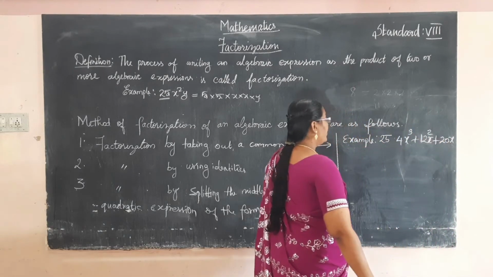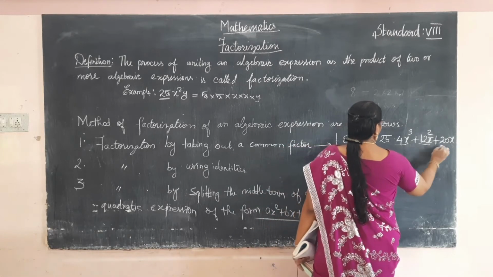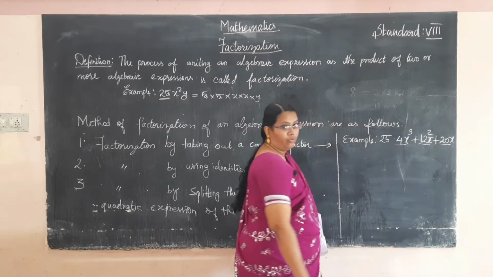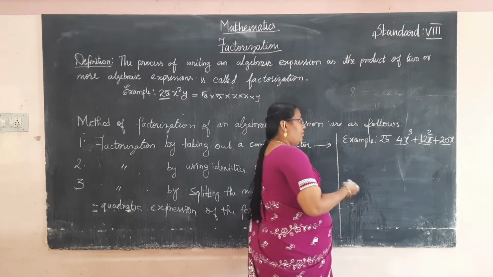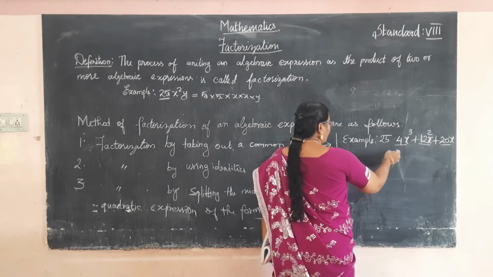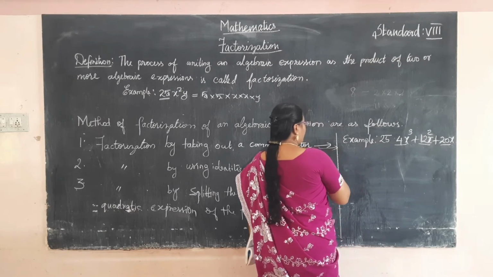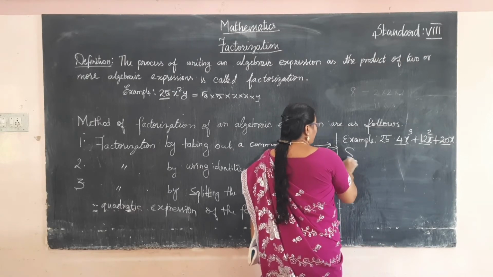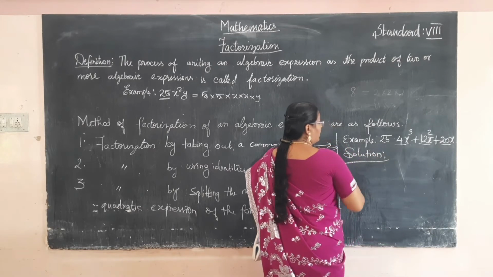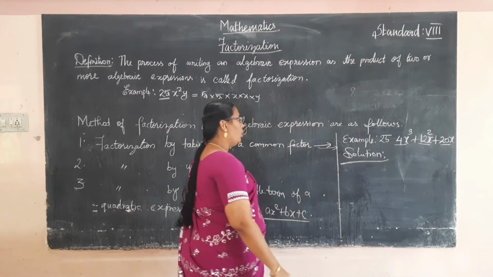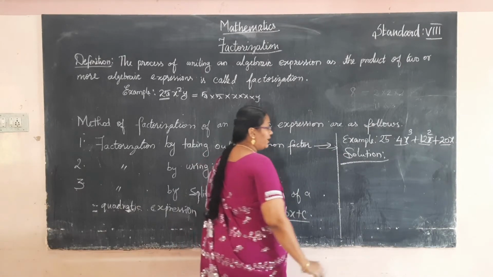See here 4, 12, 20. These are all multiples of 4, so we have to take 4 outside. So we apply the first method in this problem, taking out a common factor from an algebraic expression.